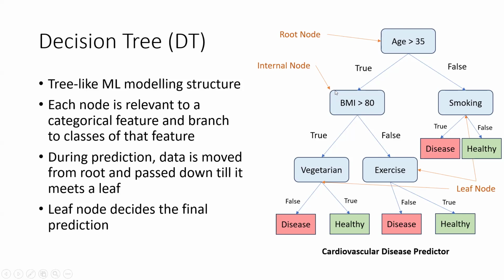Age and body mass index, we can do some classification for predicting the person's healthiness, whether he has cardiovascular disease, or whether he is healthy, right? So these are the two variables that we are using here: whether the age is greater than 35, and the body mass index is greater than 80.